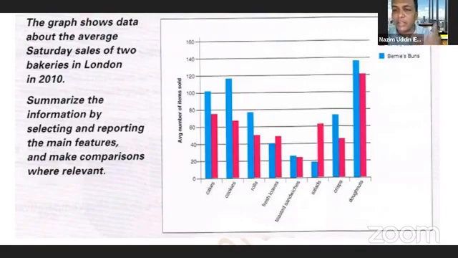Highest number of sale and lowest number of sale.